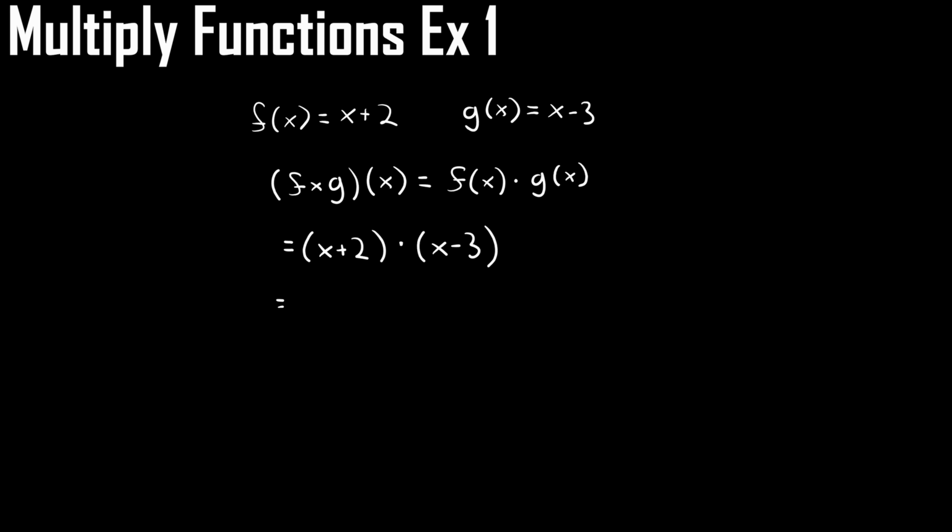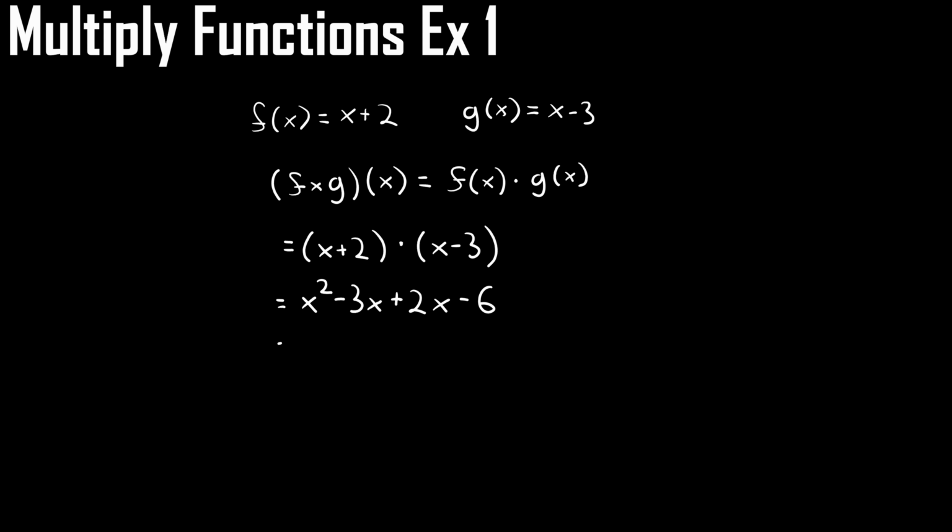So we're going to get x times x, which is x squared, then x times negative 3, which will be negative 3x, then 2 times x, which will be positive 2x, then 2 times negative 3, which will be negative 6.